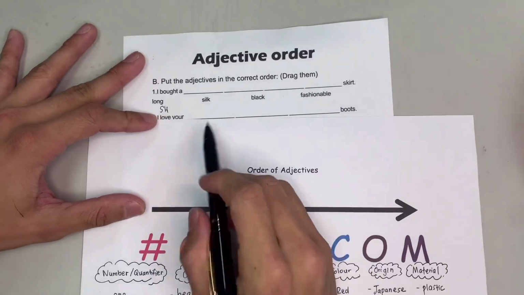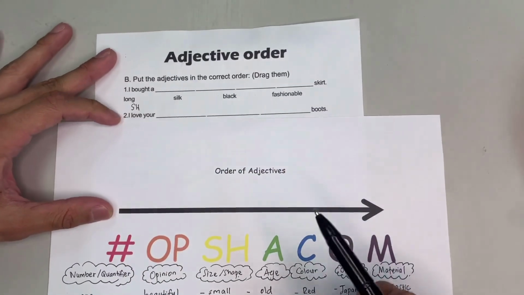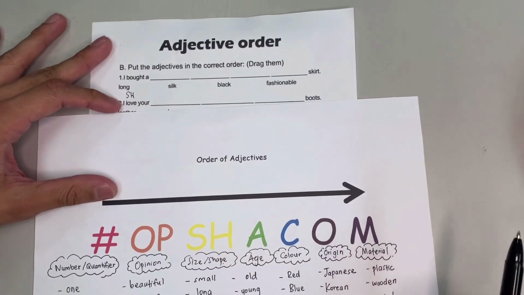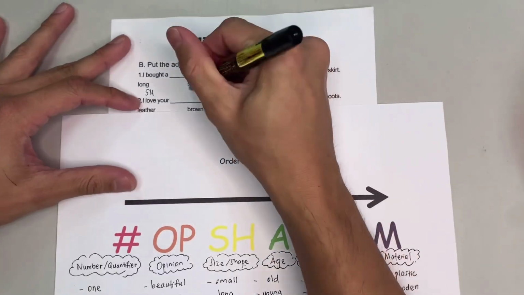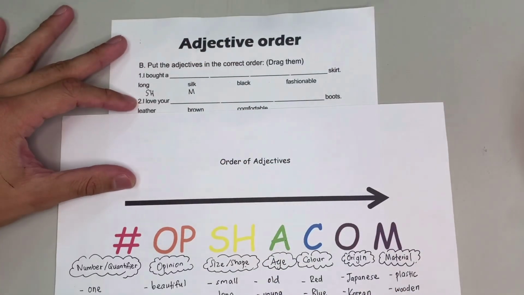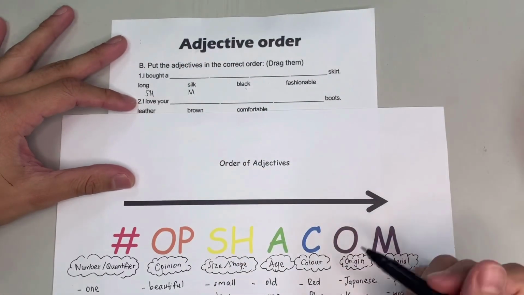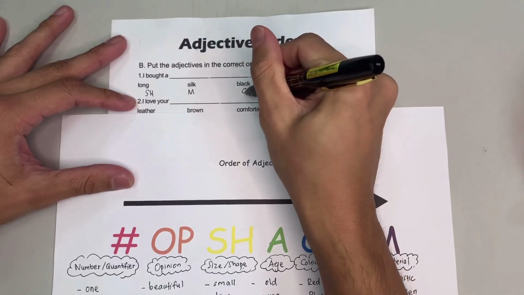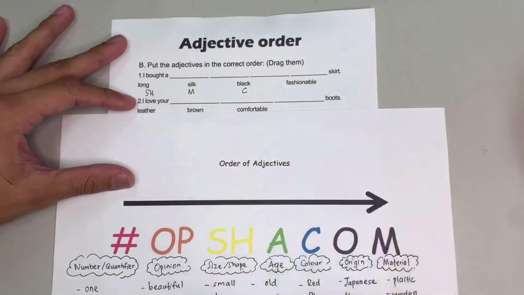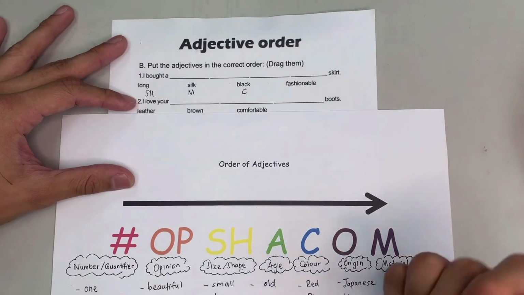And silk, sutra, is a type of material. So I'm going to write here M, material. How about black? Black is definitely a color. Fashionable. I think the skirt is fashionable. So this is an opinion.